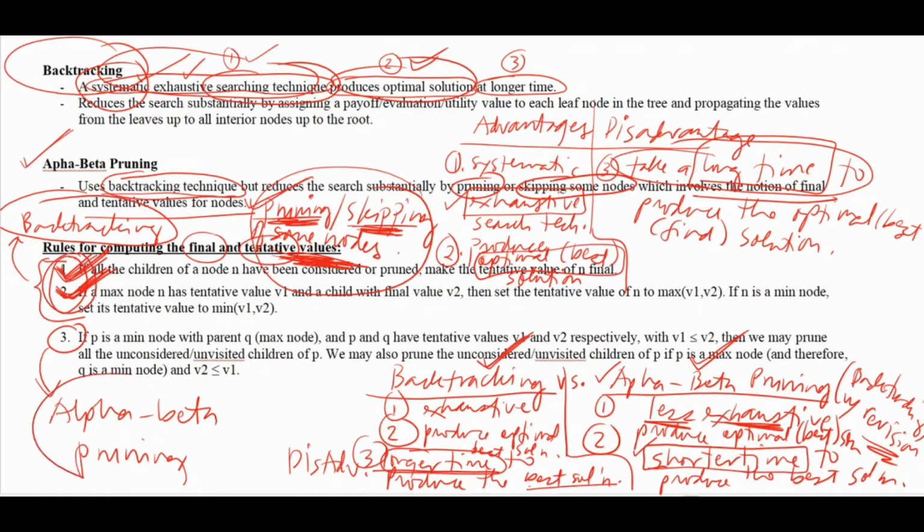But for alpha beta pruning, these three rules are applied. So again, backtracking applies rule number 1 and 2 only, while alpha beta pruning applies rule number 1, 2, and 3.